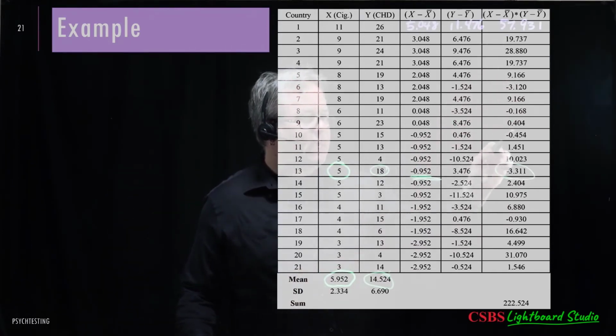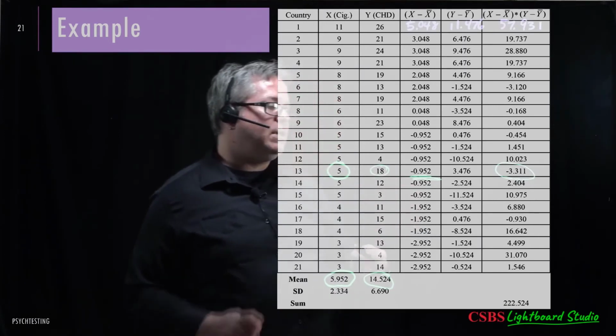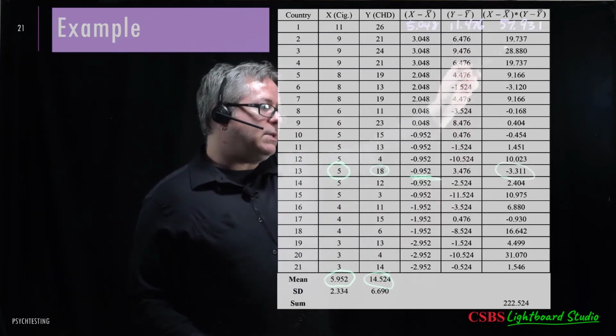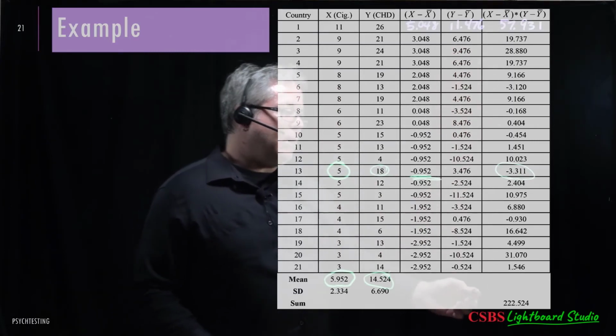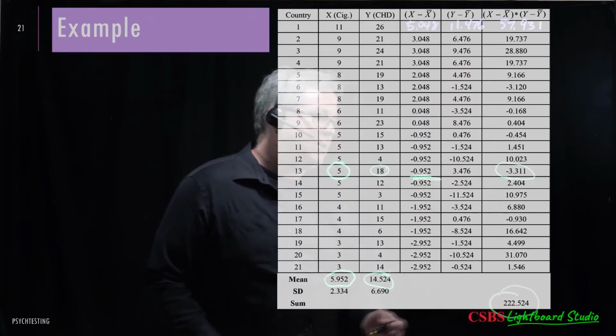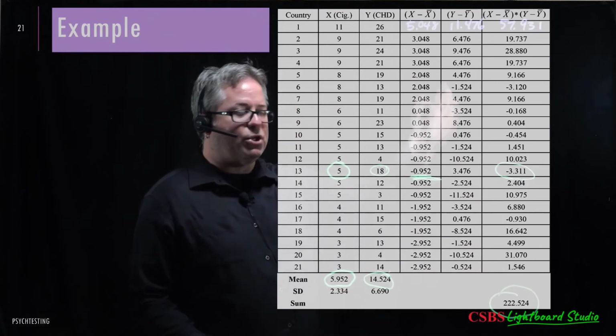Even though there are some negatives, most of them are pretty small numbers. It's usually because those countries are right around the averages, a little bit below, a little bit above, flip-flopping around. But generally we're getting mostly positive numbers, so when we add them up, the sum of products is a large positive number. So there's a general trend.